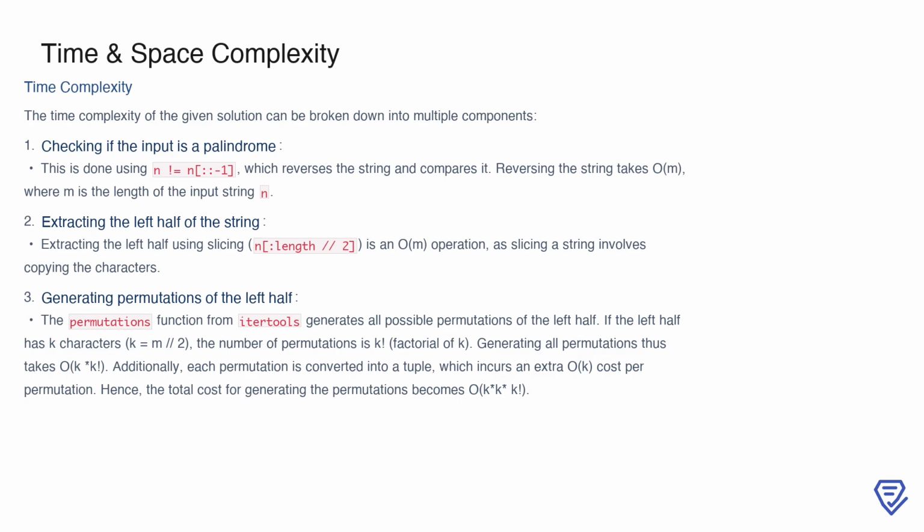If the left half has k characters, the number of permutations is k factorial, or k!. Generating all these permutations requires k*k! time, and since each permutation is converted into a tuple, there's an additional k cost for each. Together, this makes the cost for generating permutations k*k!*k. These operations form the foundation of the time complexity analysis.